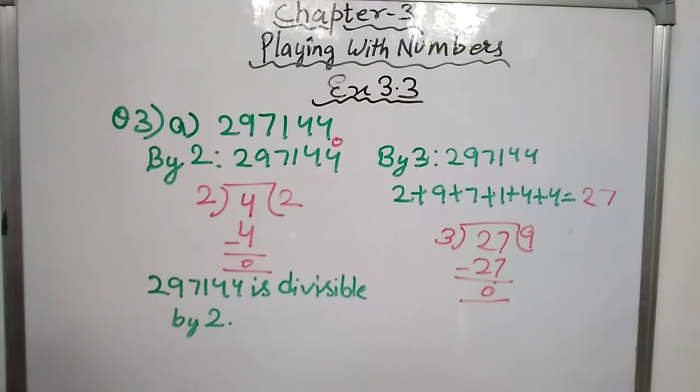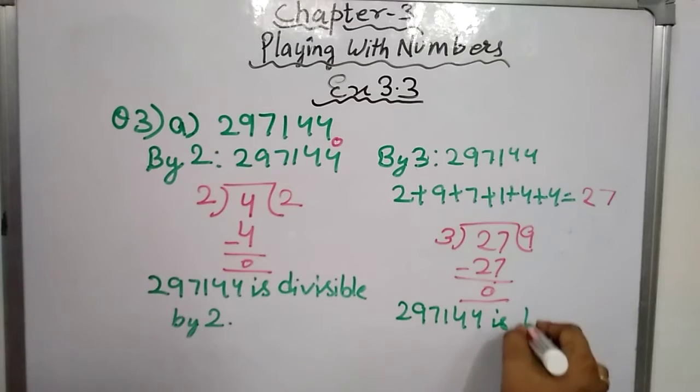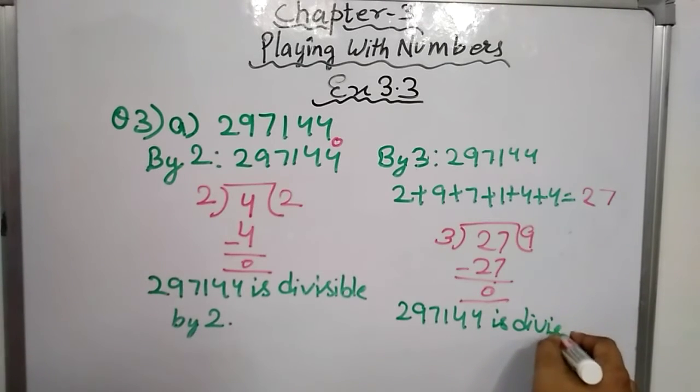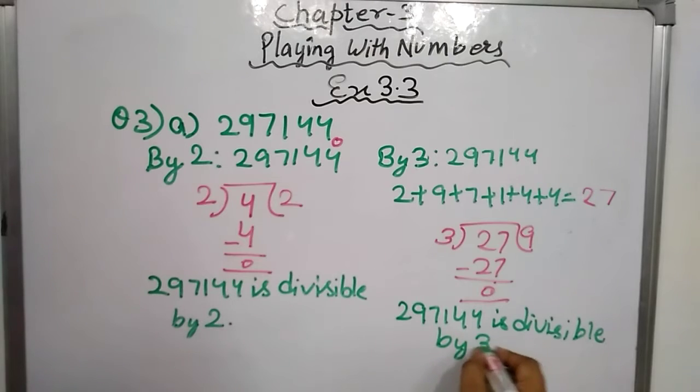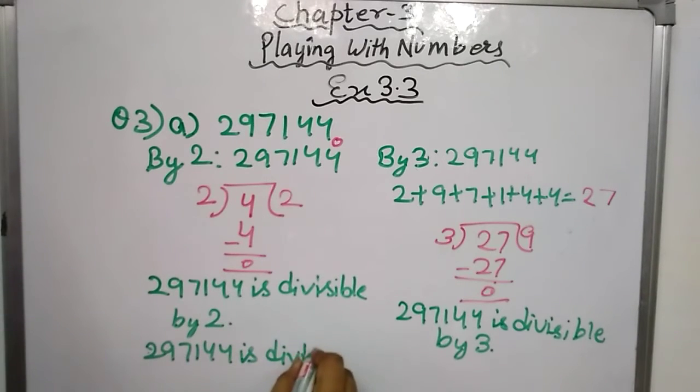That means this number 2,97,144 is divisible by 3. By these two statements, we can conclude 2,97,144 is divisible by 6.